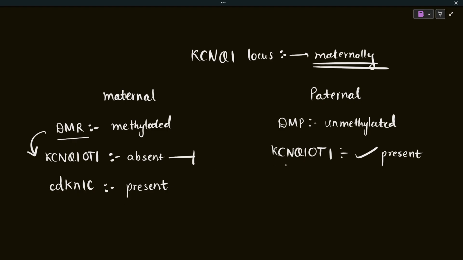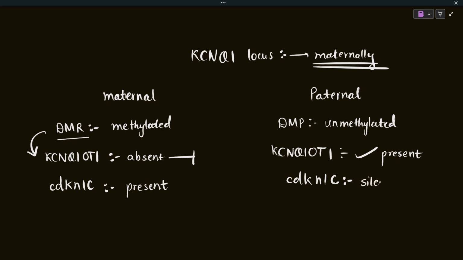But in the paternal allele, this long non-coding RNA is present, it is expressed, and it is going to recruit G9A as well as the PRC2 complex, which are going to recruit DNMT, the DNA methyltransferase. Means all of them are going to recruit the repressive marks on the CDKN1C gene, and that is why this gene will be silenced.